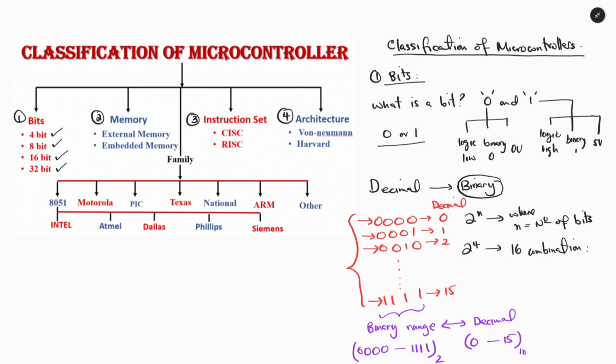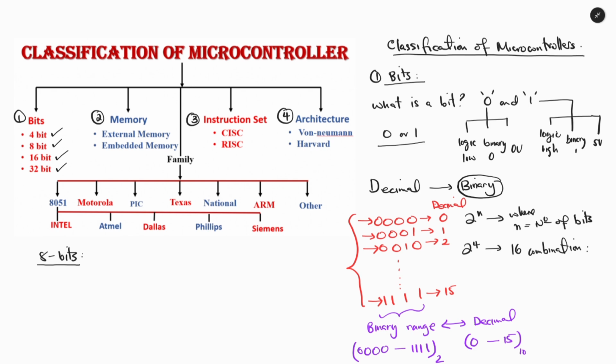And so similarly, we have the microcontroller having 8 bits. That means from our previous definition, we know that a particular microcontroller can process 8 bits at a time.